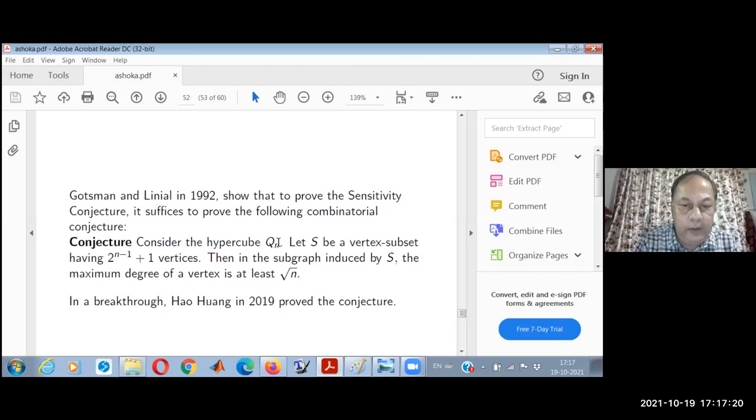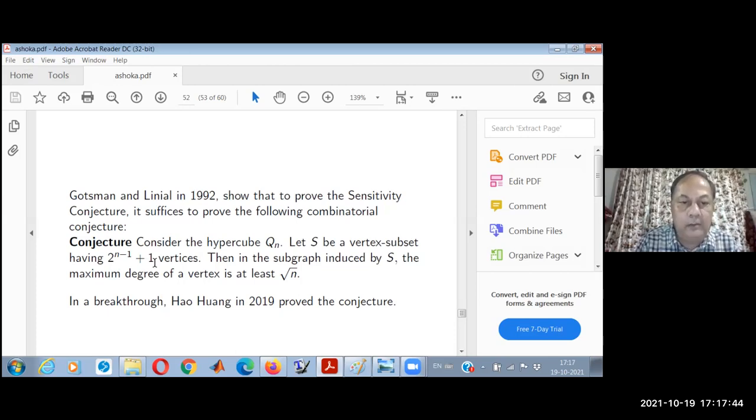You take the hypercube Qn and take a subset of more than half the number of vertices. The vertices in Qn are 2 to the power n, so half of that is 2 to the power n minus 1, plus 1. Then you take the graph induced by that. Induced means you just take the vertex set and all the edges that come along with it.